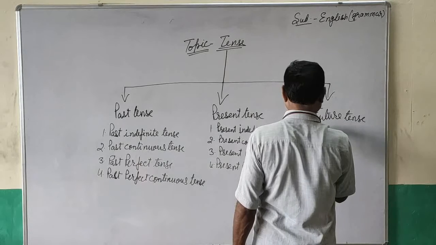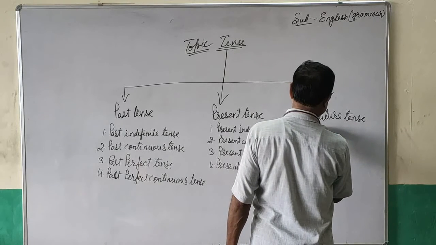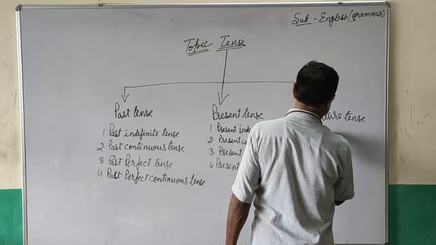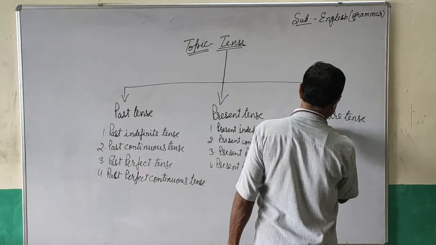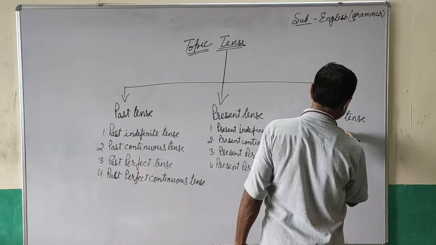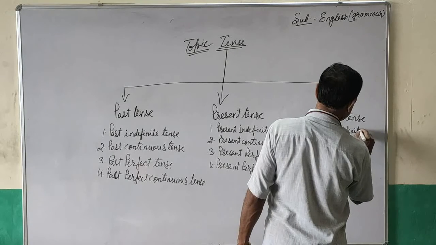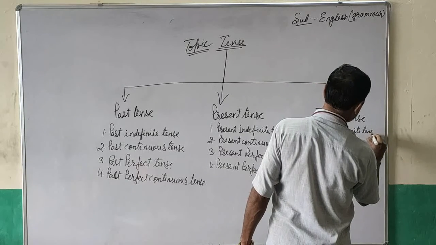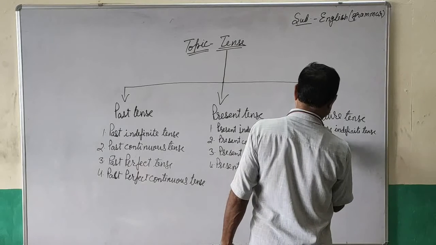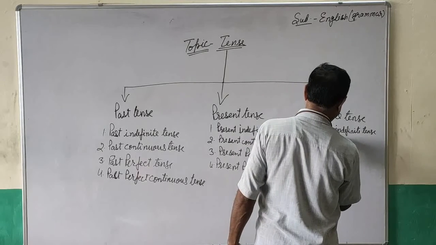Same type of future tense. Number one, future indefinite. Two, future continuous.